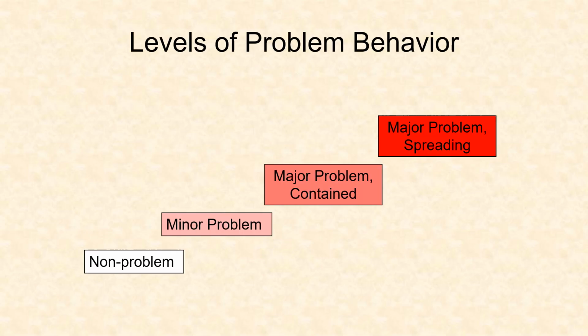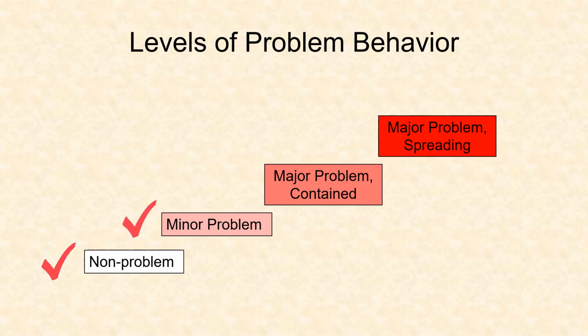So let's classify problem behaviors into several different levels. You're in the classroom and you're seeking to understand certain behaviors that you're seeing and trying to determine how to deal with them. You could classify these behaviors into these levels. The most basic level is a non-problem, and then it can move up a step to become a minor problem.